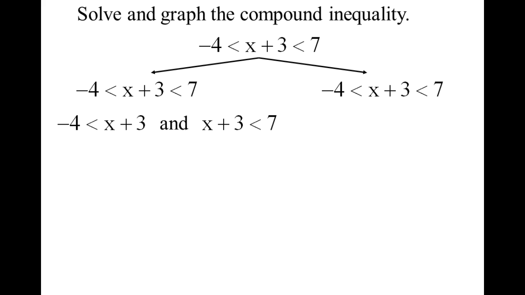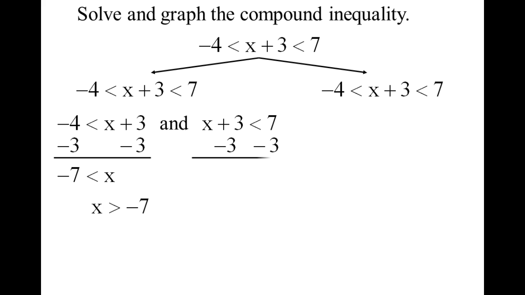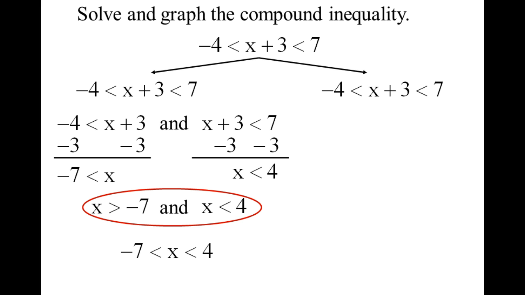You notice how the middle is in both of them. So what you can do is go through and solve each one of these one by one. I want all the numbers bigger than -7 and less than 4. That's the same as all the numbers between -7 and 4.